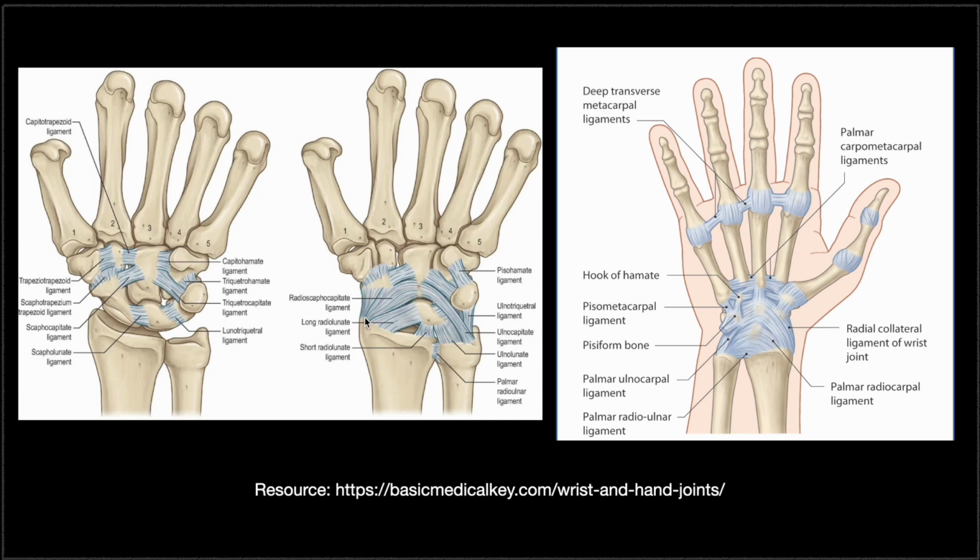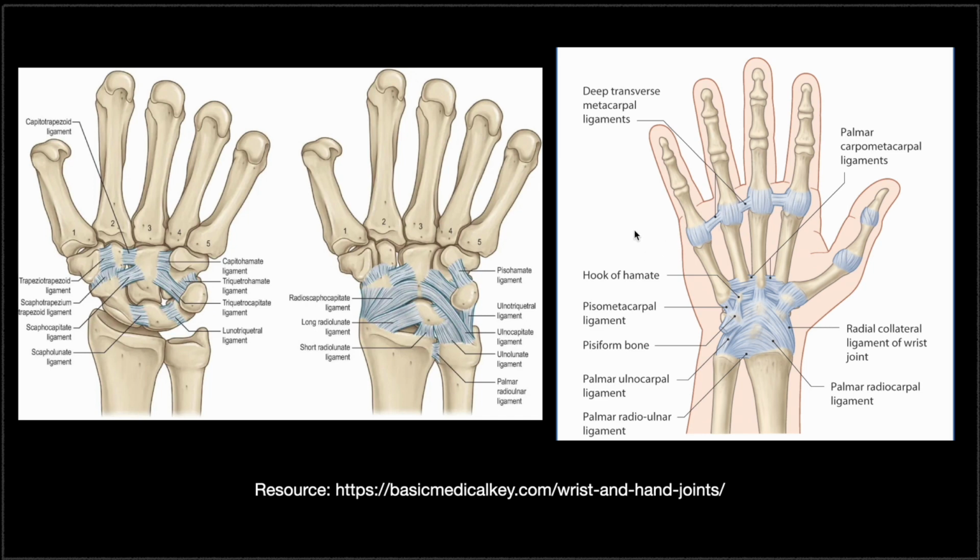For example, radiolunate ligament is connecting the radius to the lunate. Just remember, most of the time the first is the bigger bone name if it is not involving several bones and the name is not showing the path of the ligament. Additionally, we see transverse ligaments that connect the metacarpal bones.